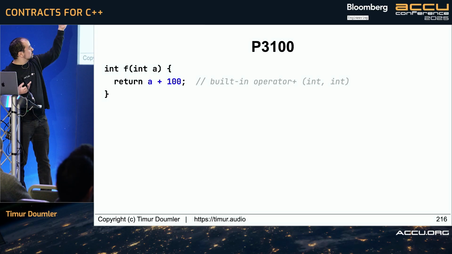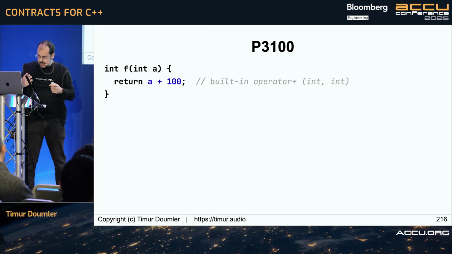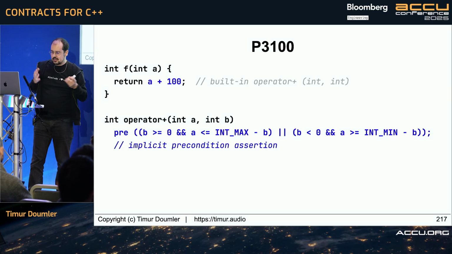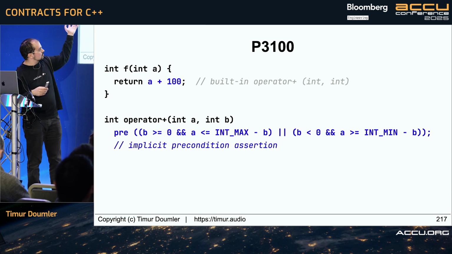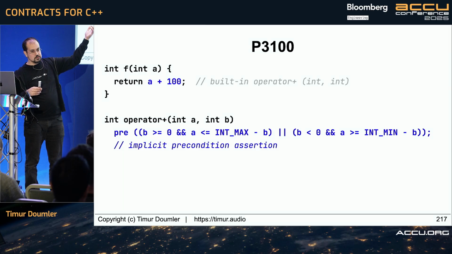This is a core language integer addition, like a built-in addition operator for integers. But we can pretend that that built-in operator, which doesn't really exist in code, had precondition assertions which check for signed integer overflow.